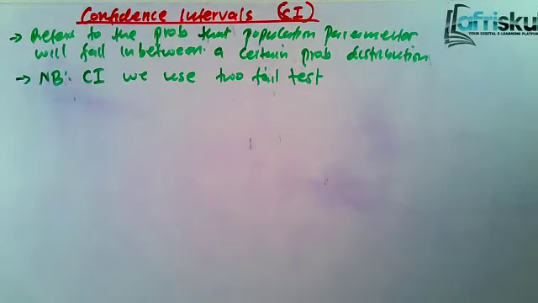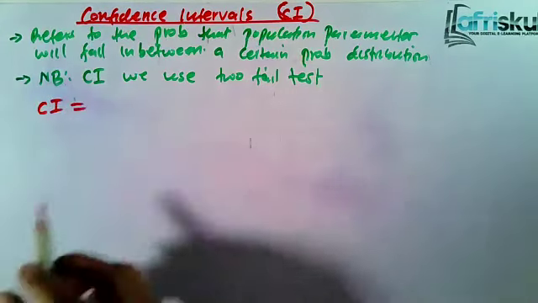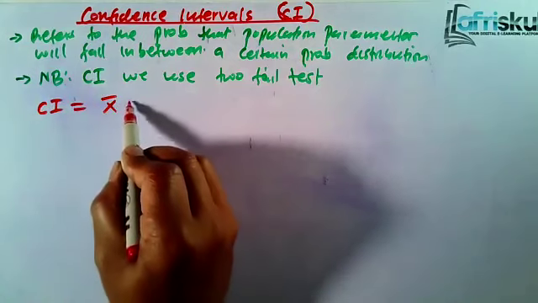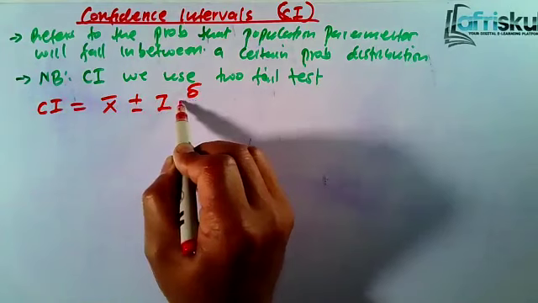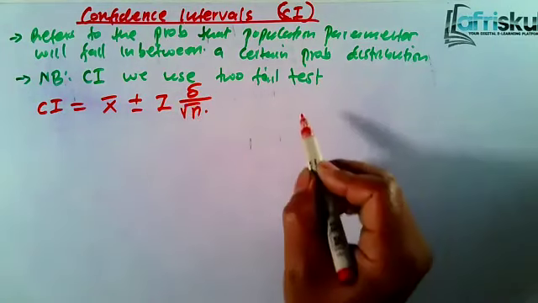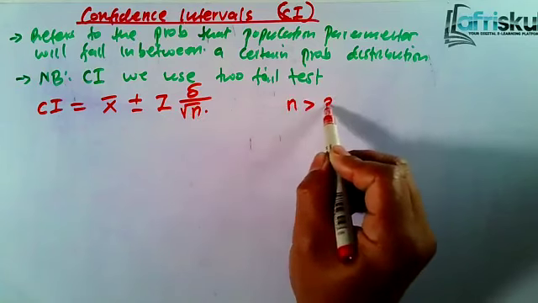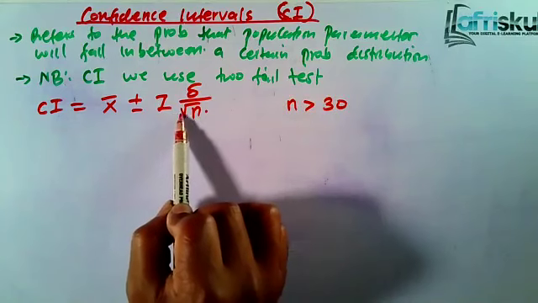And this is how we get the confidence interval: X bar plus or minus Z times the standard deviation over the square root of N. This is used when n is greater than 30, where you use the Z distribution.